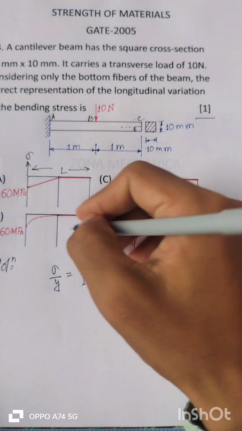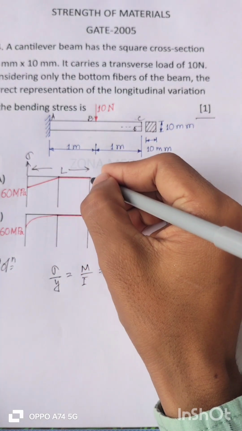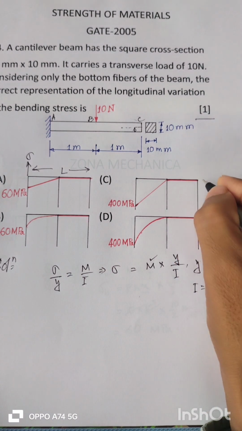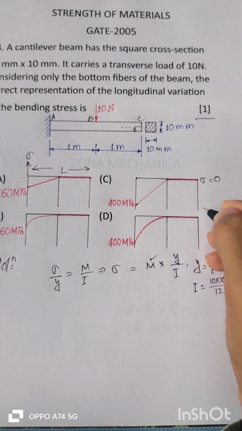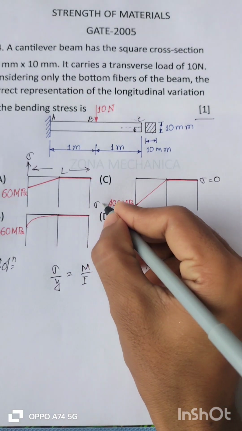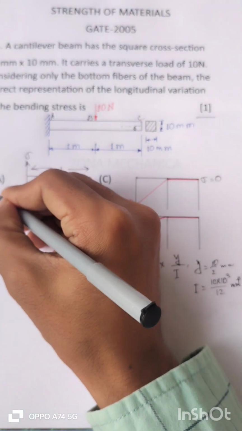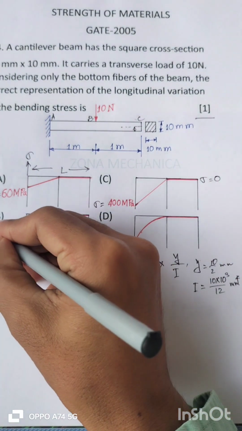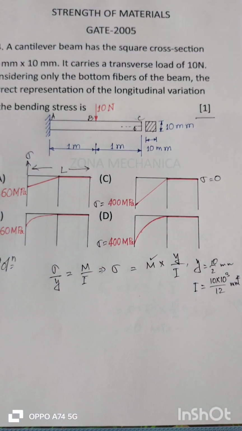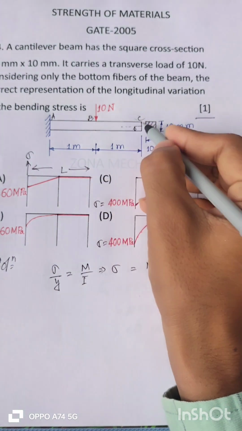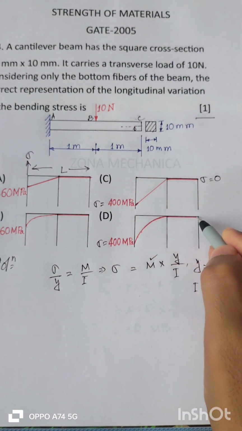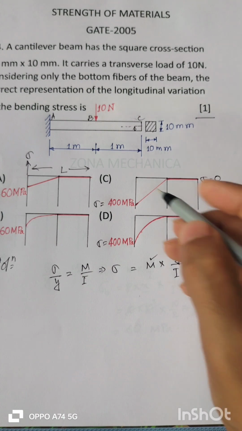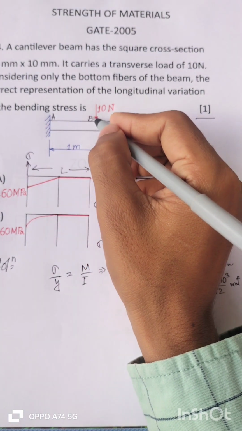So in the four options, the second part all are showing sigma equal to 0, and these are the maximum sigma at the end A. So sigma is equal to 0 in the right hand side portion of the beam, which is correct in all the options.